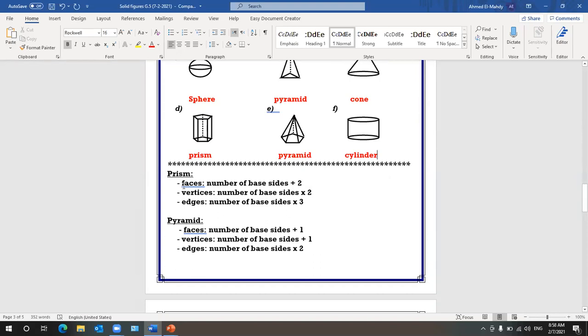To find the number of faces in the prism, number of base sides plus 2. Vertices, number of base sides multiply 2. Edges, number of base sides multiply 3. What is the meaning of this? Concentrate.